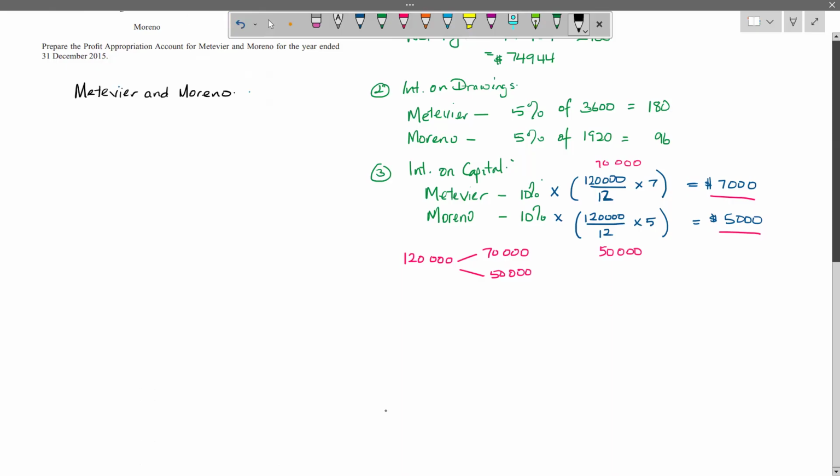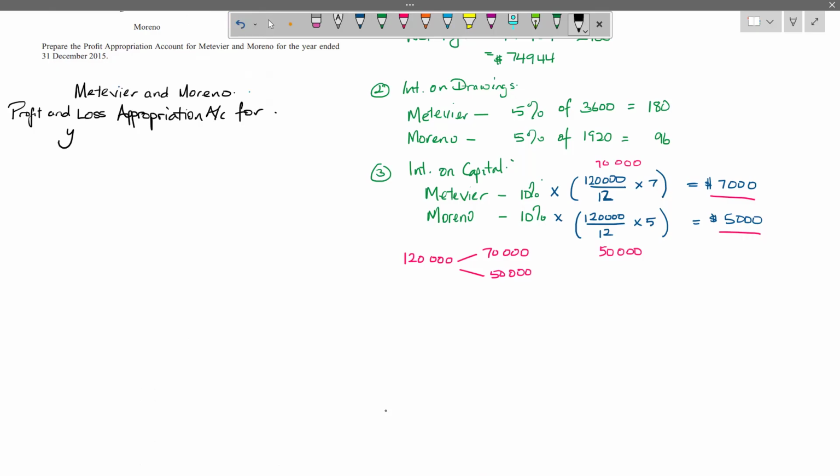We're going to head up profits and loss appropriation account, or I'll just, because of space, write it on until the end, then 31st of December 2015. Right? I'm gonna use two columns.